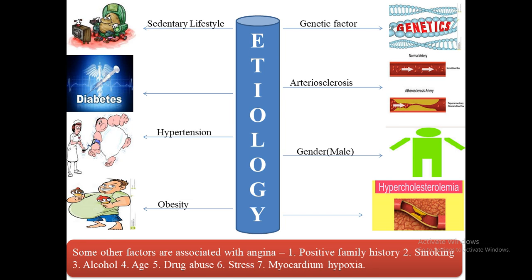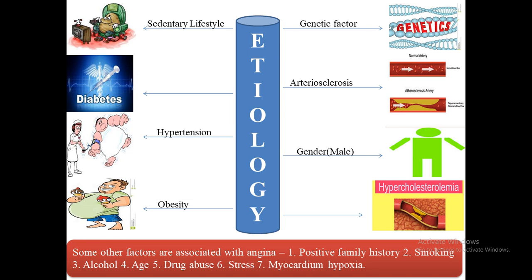Some genetic factors may give a chance of developing angina. Then arteriosclerosis: if a patient develops arteriosclerosis, there is a chance of developing angina. Diabetes, hypertension, and gender: males are more prone to develop angina pectoris.